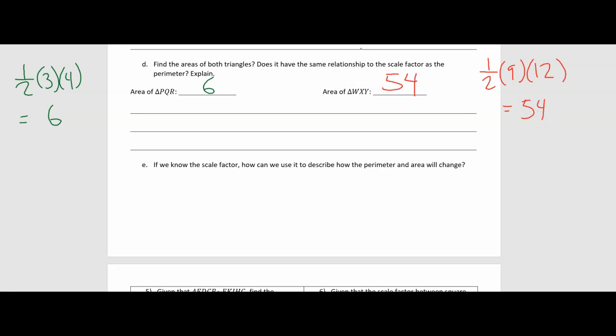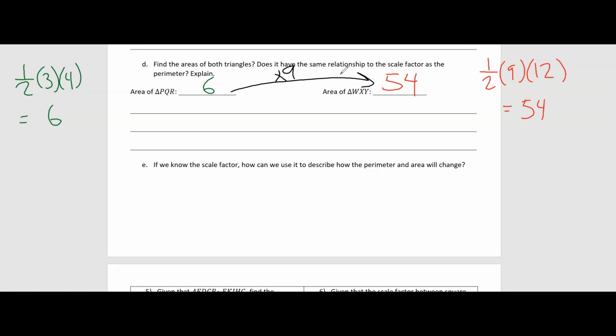So it turns out that the scale factor does not hold true for the area, or at least not in the way we're thinking. However, there still is a relationship, right? I'm not multiplying by 3, but I am multiplying by 9.